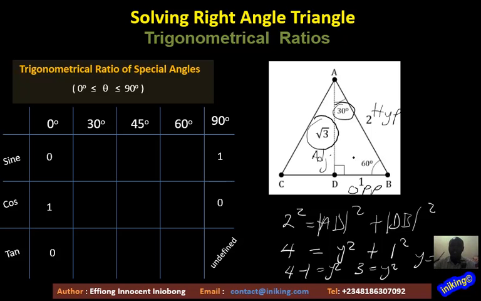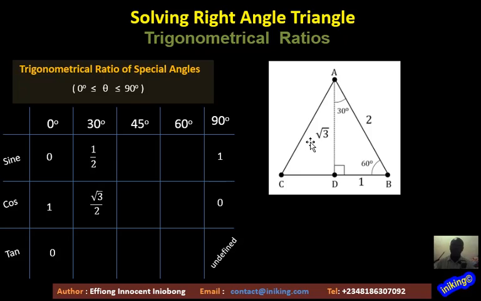So sine 30 is opposite over hypotenuse. That's 1 over 2. Sine 30 will be 1 all over 2. Cos 30 will be what? Adjacent, root 3, all over hypotenuse 2. So that's root 3 over 2 for the cos.